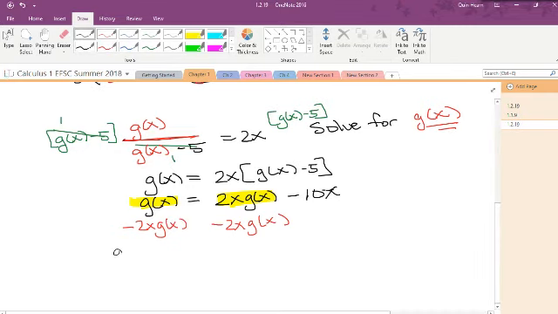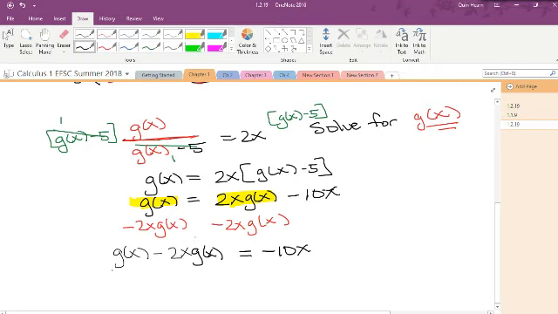So we're going to have g of x minus 2x g of x equals negative 10x.